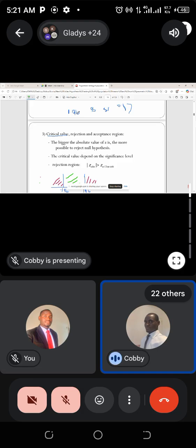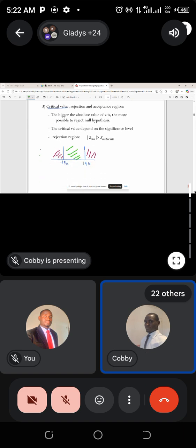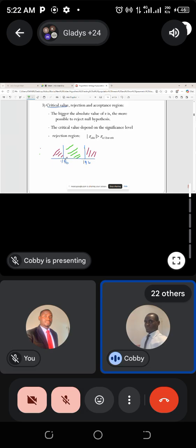You are going to compare the test statistic that you find. This 1.96 can be negative or positive. To understand at which point you are going to reject the null hypothesis: if the test statistic value that you calculate is greater than 1.96, you reject the null hypothesis.